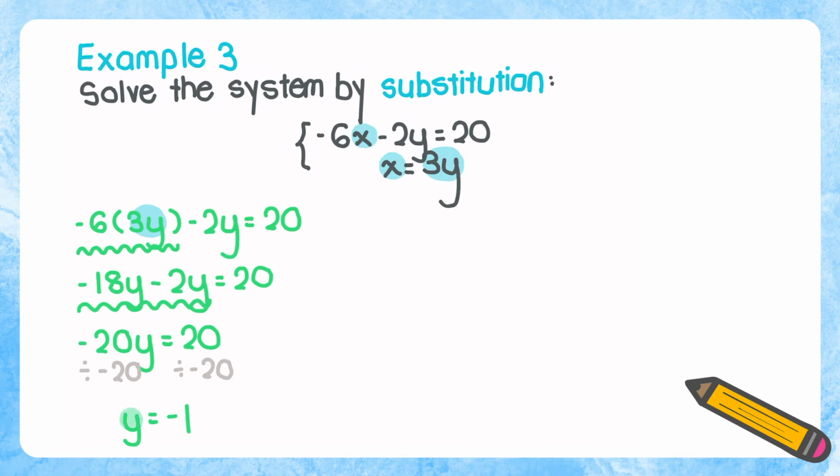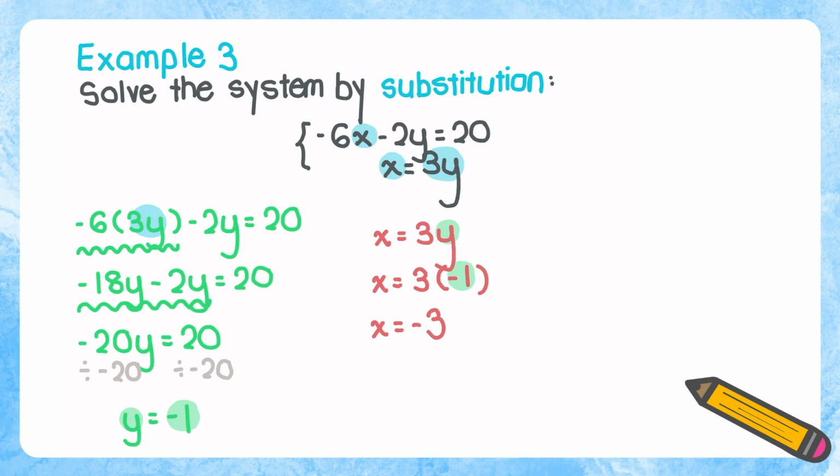Now that we solved for y, we're going to solve for x. So x equals 3 times y, and we can replace this y value with negative 1. So x equals 3 times negative 1. Again, I just replaced y. And 3 times negative 1 is negative 3.